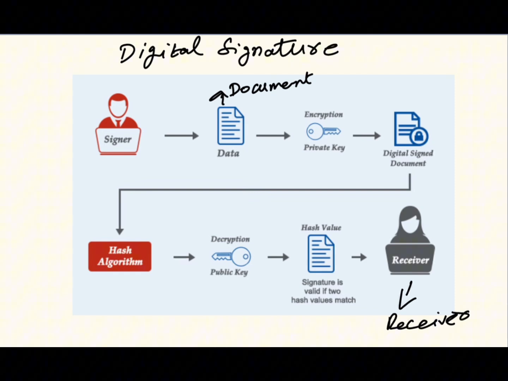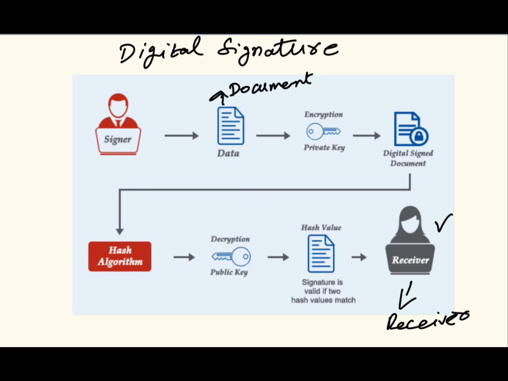When we send this document, we want to make sure that when it is received, it has not been altered or modified on the way. If we send this document through the internet or through email, we want to make sure it is not modified. That is our ultimate objective. How can we achieve that?